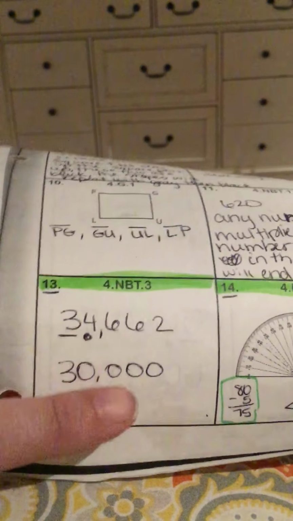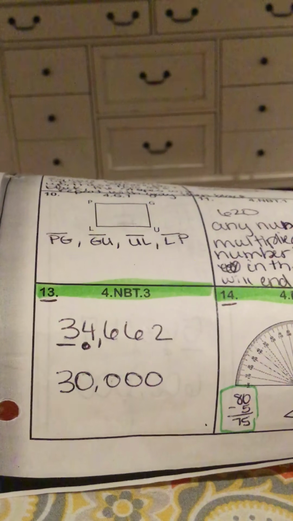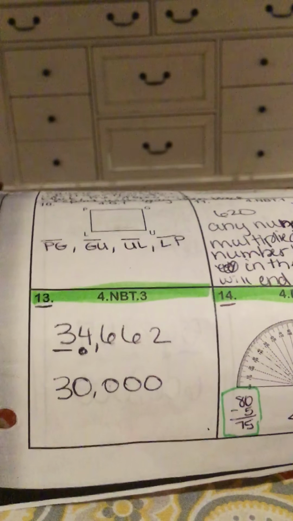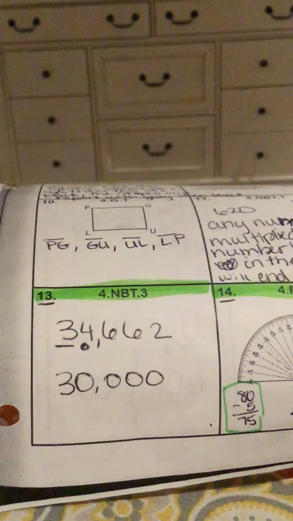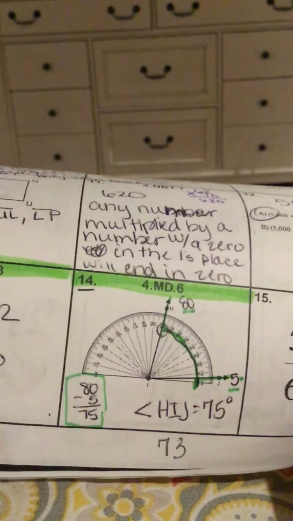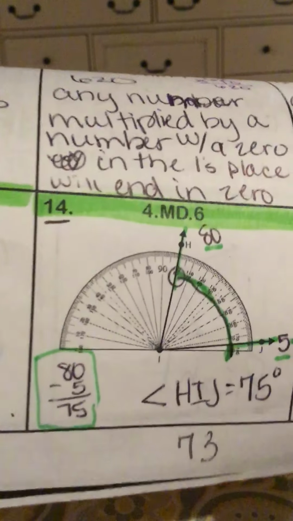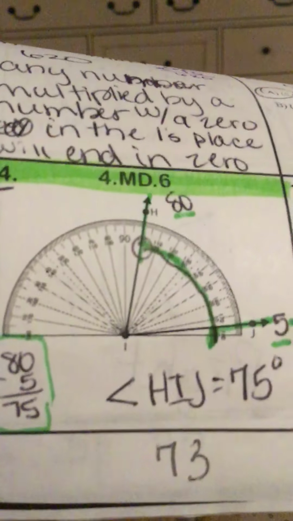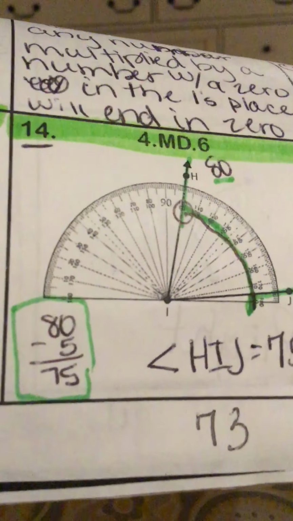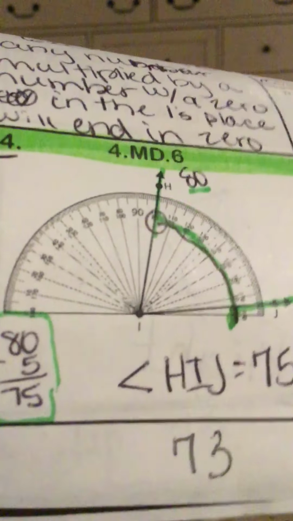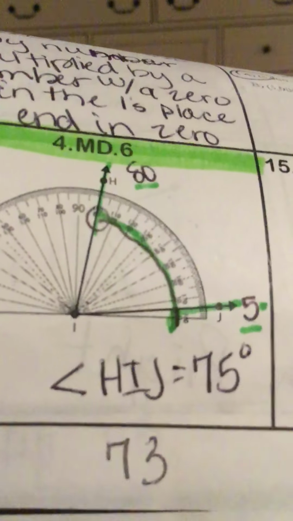Believe it or not, we still struggle with rounding, so practicing rounding would be great, and we do it lots of times throughout the week. This question here is one, and I'm going to try to zoom it in for you. On their study guide, they should have a couple different steps that I've asked them to practice whenever they're looking at this.